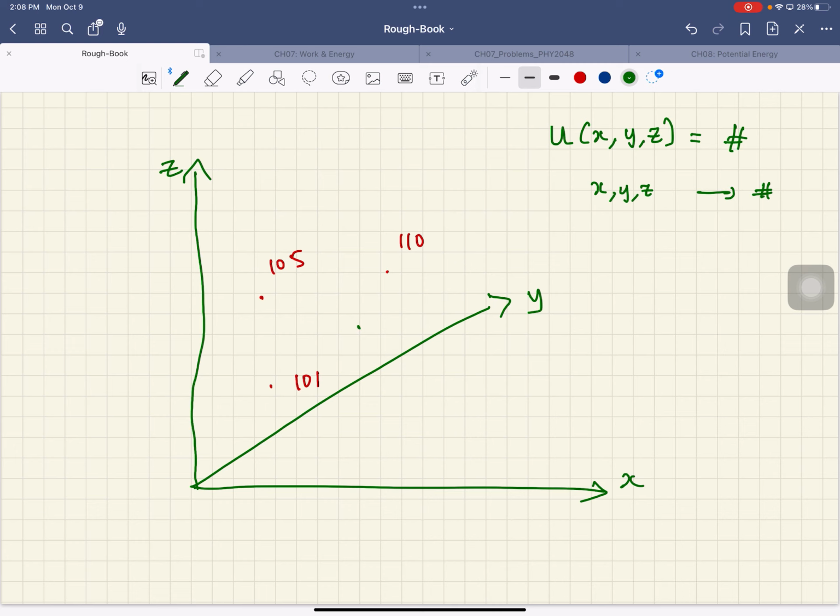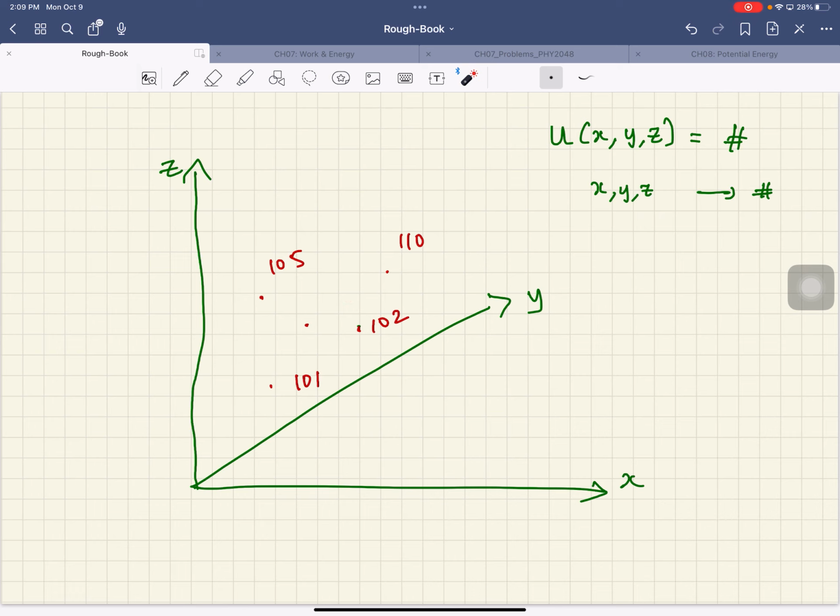So now here's the value of u, coming back to this. Here are various values, so 102 and so on. Now at any location, you can ask the following question: in what direction do I need to move?